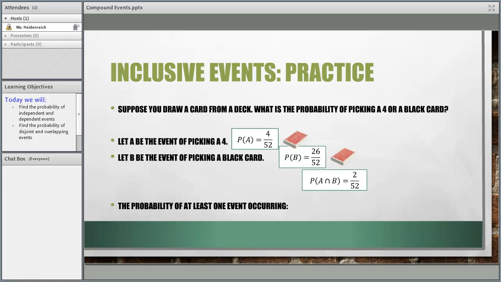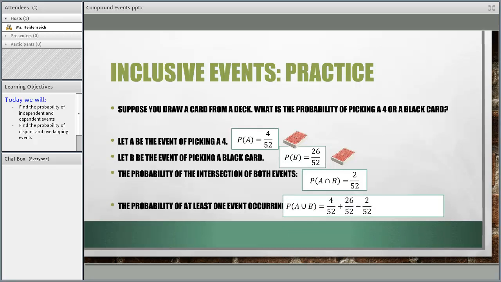So that's my intersection of these two events happening at the same time, so I've got to take that away. 4 out of 52 plus 26 out of 52 minus 2 out of 52. And that comes out to 30 minus 2, which is 28 out of 52. And if I simplify that, divide both by 4, I have 7 out of 13 ways of picking either a 4 or a black card out of the deck.